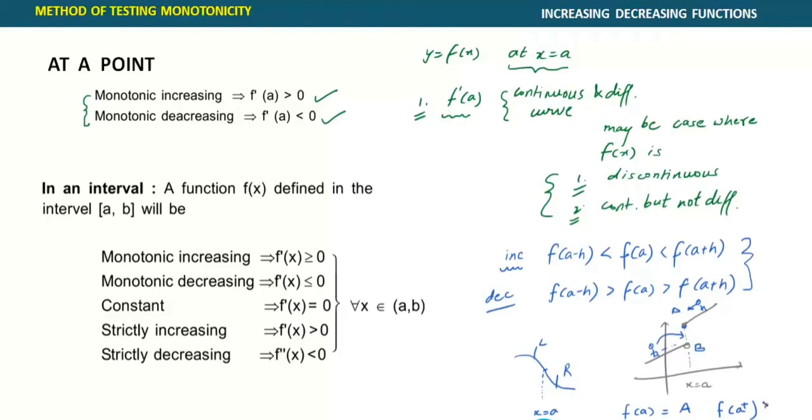So he will report that I am just greater than a, almost just greater than a or equal to a. So if you see, this condition is exactly similar to this particular condition over here, where I can say that the left hand value is smaller and the right hand value is greater than the value of the point, right? So that is why I will say at x equal to a in this particular graph, it is an increasing function.